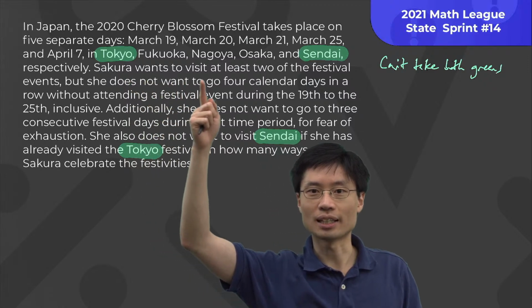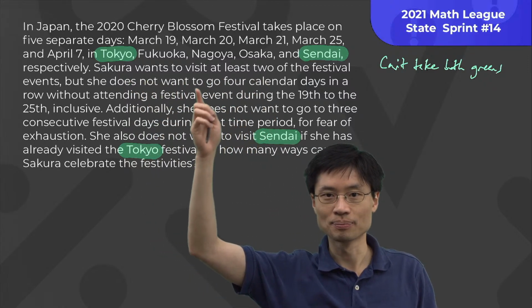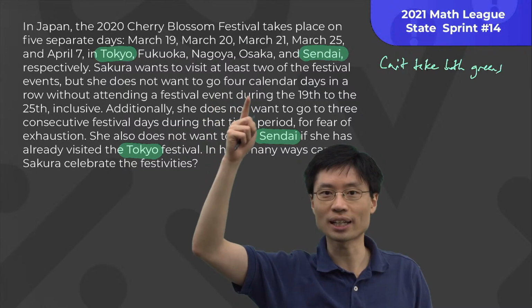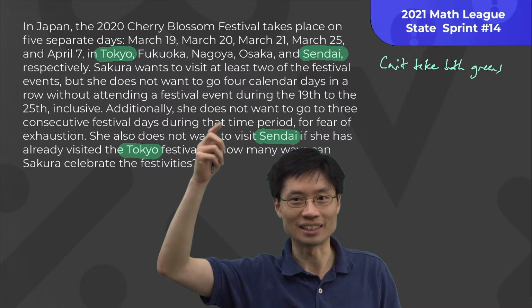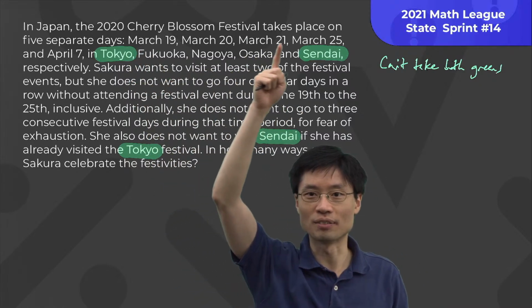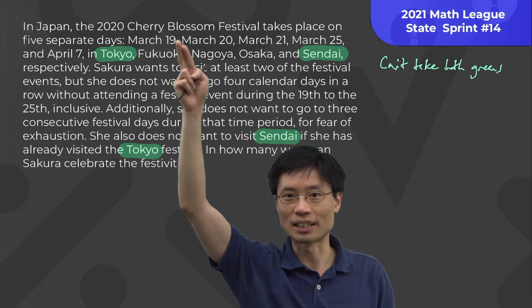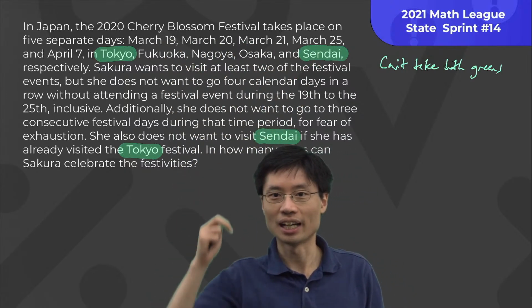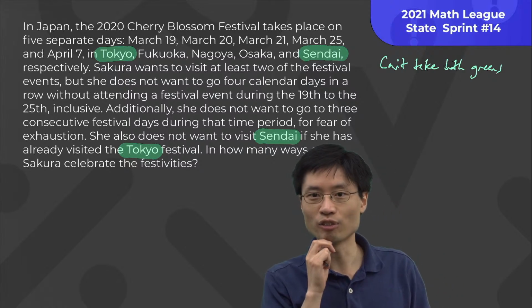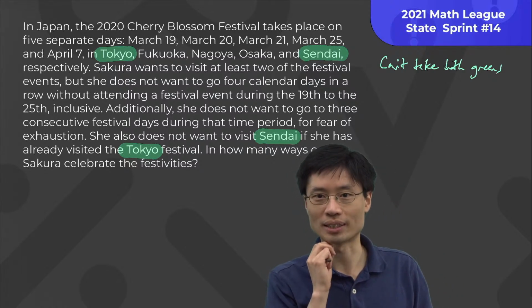Sakura wants to visit at least 2 of the festival events, but she does not want to go 4 calendar days in a row without attending a festival event during the 19th to the 25th. Okay, so these are some important days, and she wants to make sure that she does not go 4 days in a row without attending.